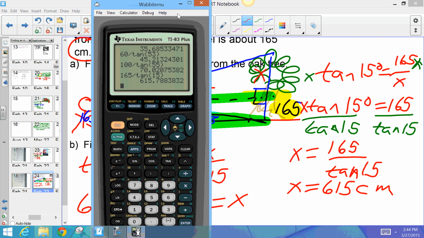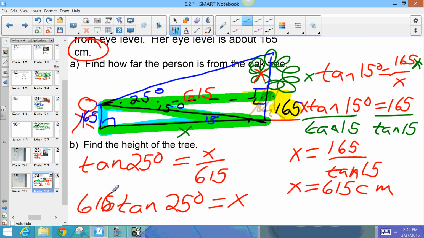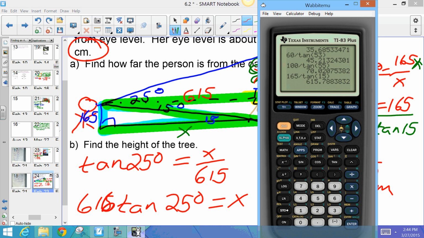Calculator. So we'll put 615, and I rounded that badly. That should be 616. Anyway, the rounded decimal is still in the calculator memory, which is very lucky.